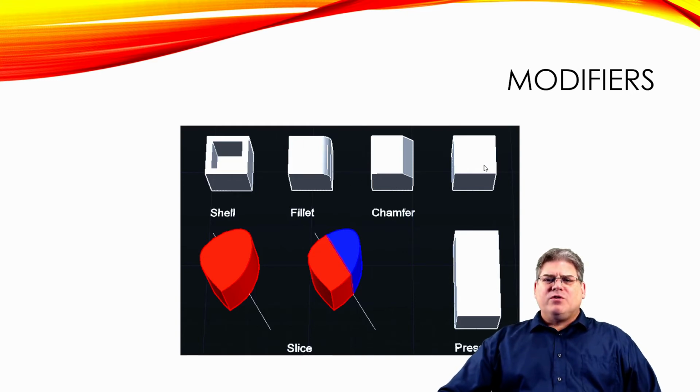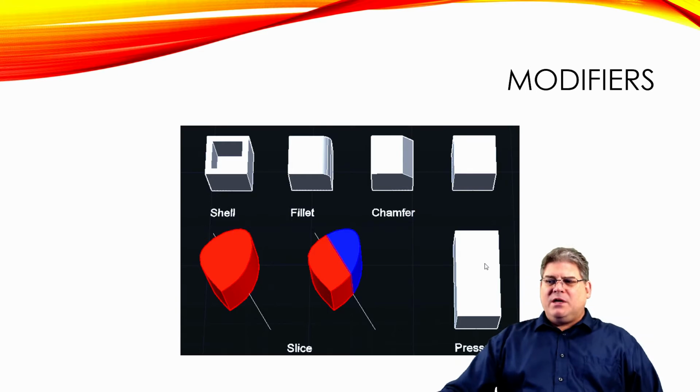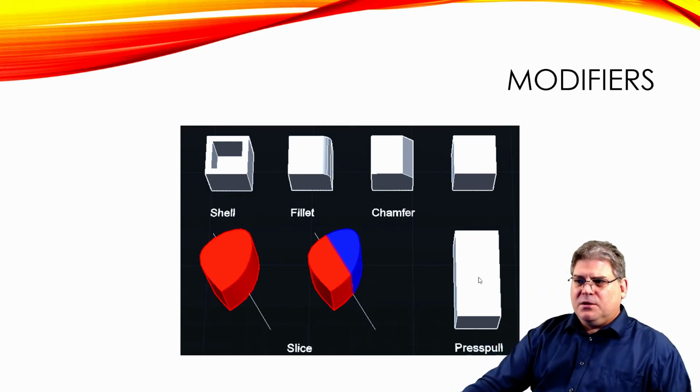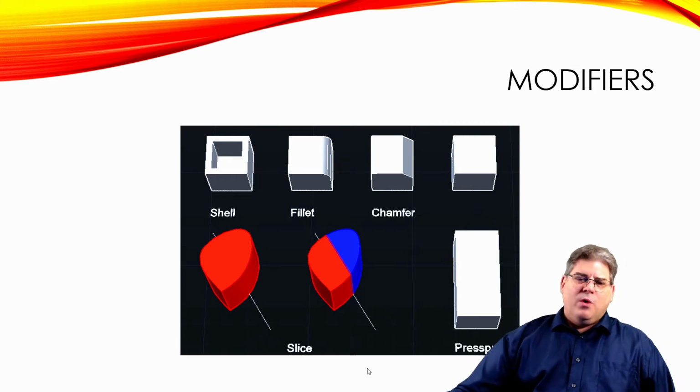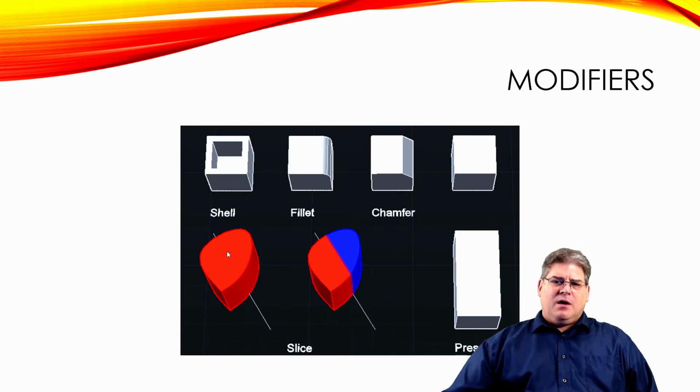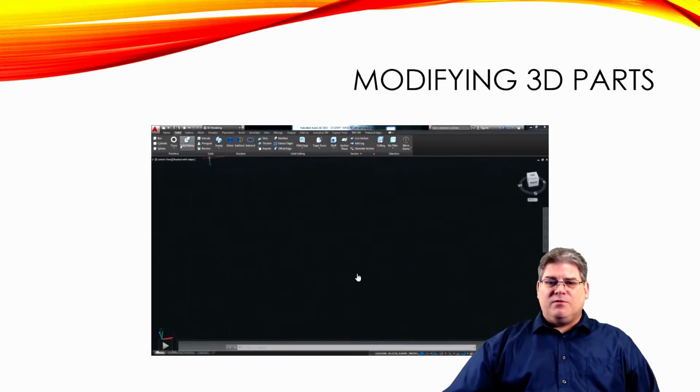We can also take our cube and use the press pull command to make a rectangular prism. Okay, so here press pull, and we're able to grab just a side and pull it down. We can also use a command called slice, and slice will allow us to take a solid part and break it into two pieces, and that is really useful.